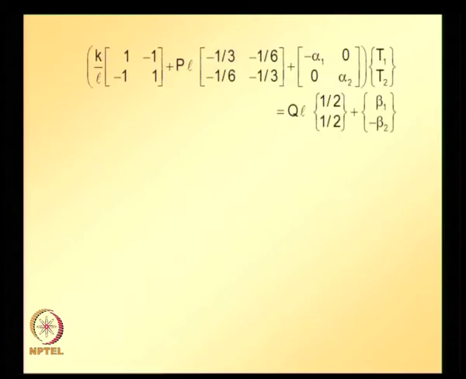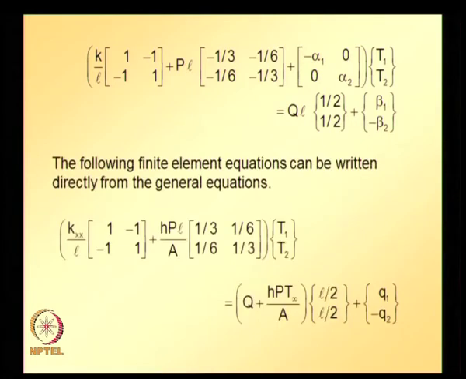This is the element equation that we have for general one dimensional boundary value problem. Now, we need to make substitution of the corresponding variables for this particular heat conduction convection problem. When we make that substitution, the following finite element equations can be written directly from general equations after making substitution.